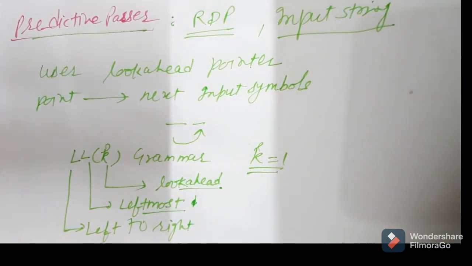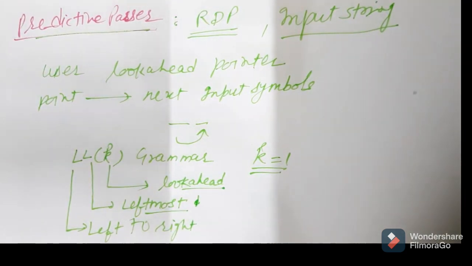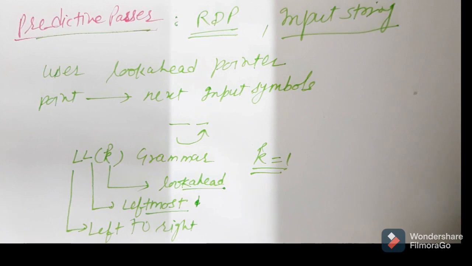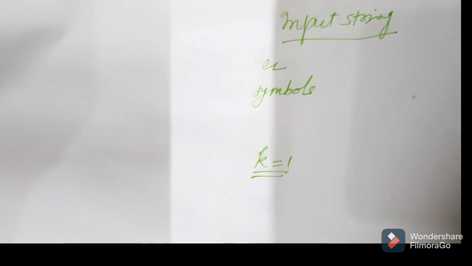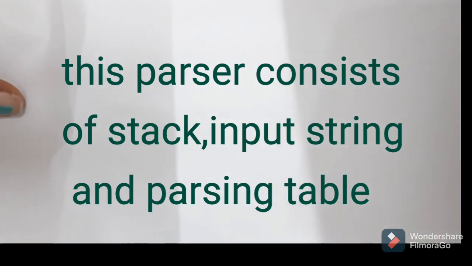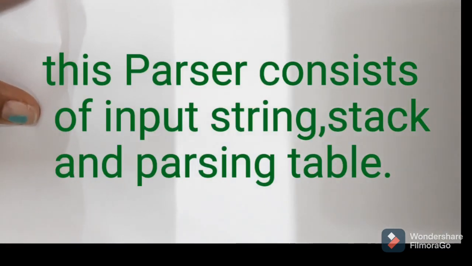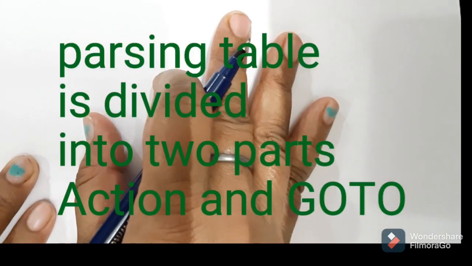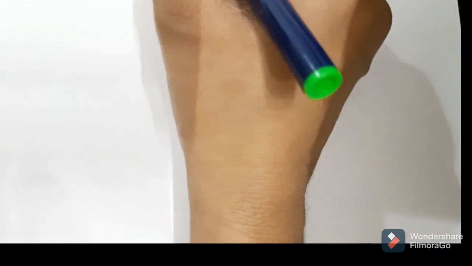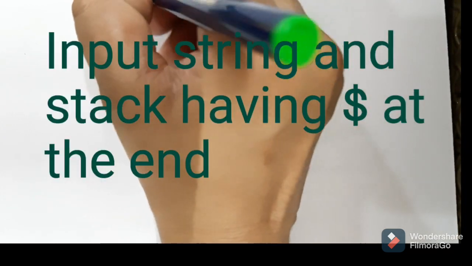This parser uses a stack, uses the input string, and uses a parsing table, which is one of the most important things. Now stack, input string, and how these are arranged, I am showing with the help of one block diagram.